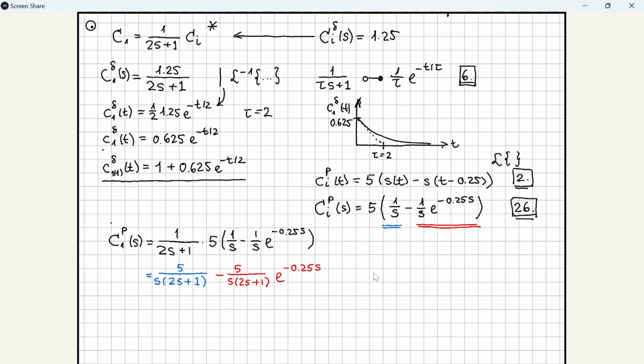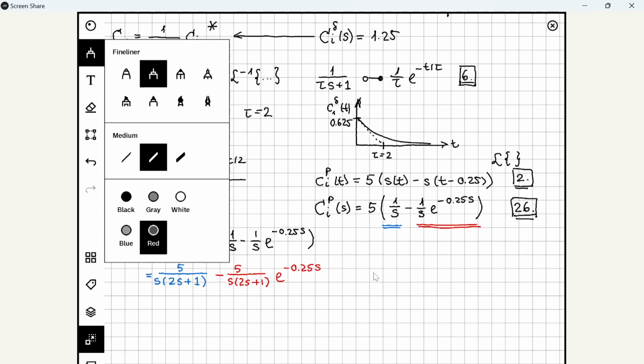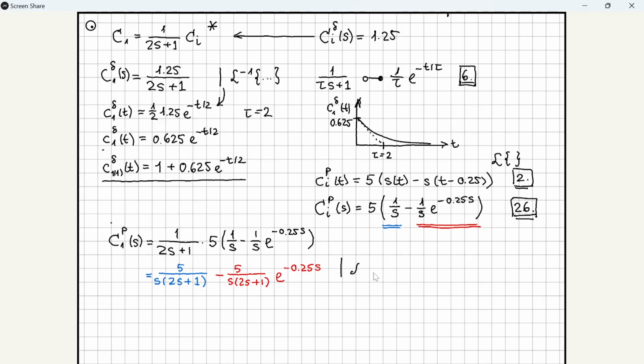And at this point, I can take the inverse Laplace transform again.